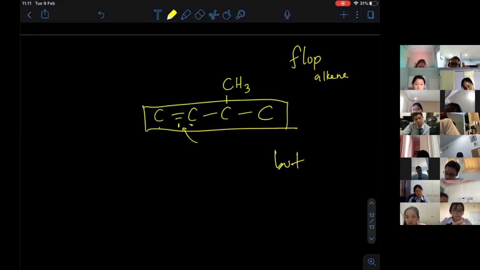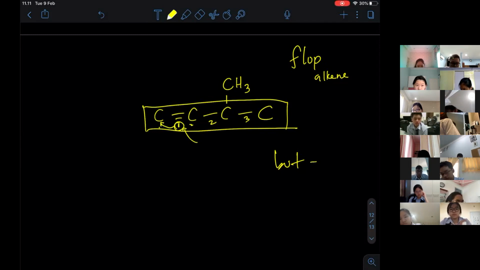This is 1, this is going to be 2, this is going to be number 3. So that is going to be 1. If that is 1, automatically the one on the left will become your carbon number 1. I want you to remember this.